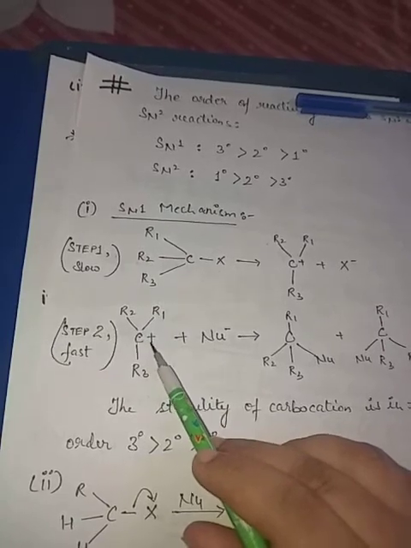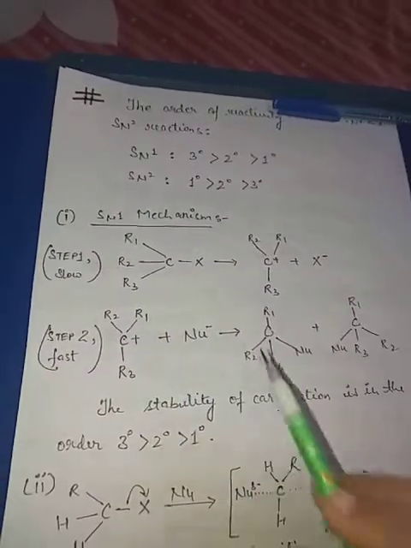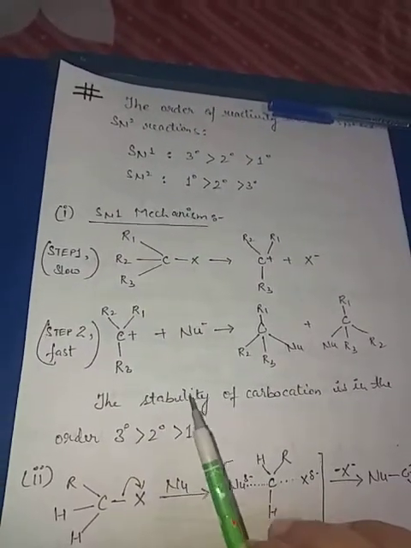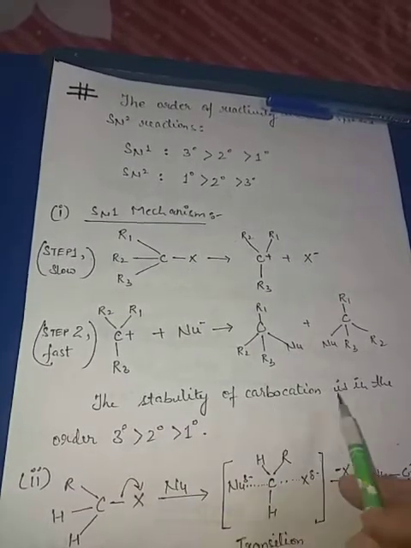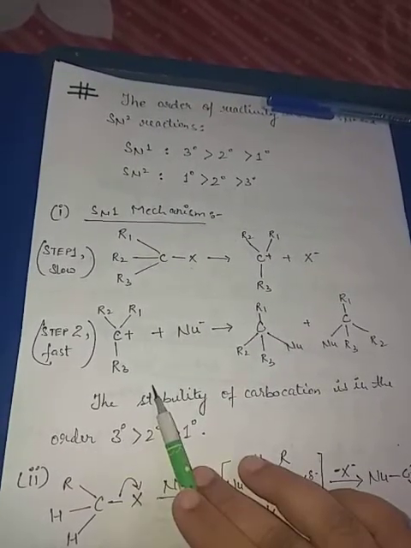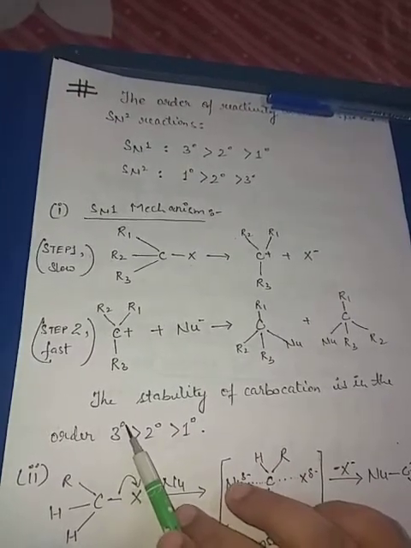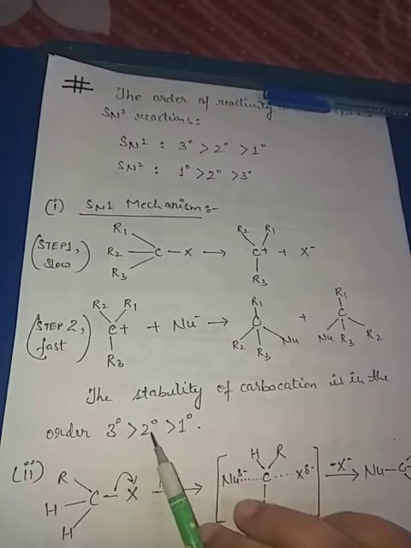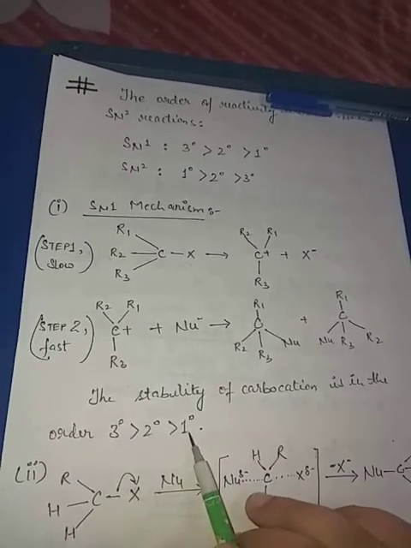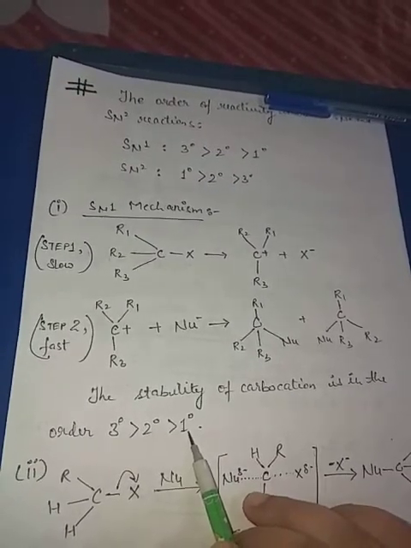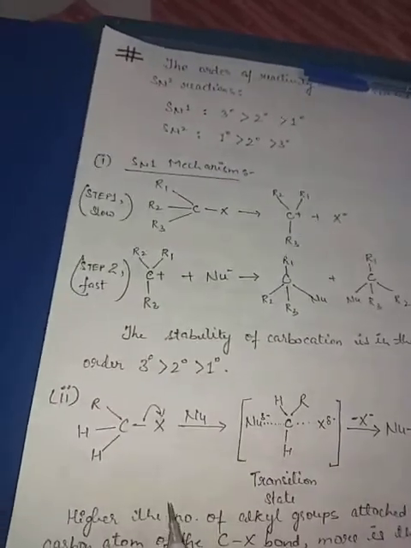If we are talking about the stability of the carbocation, then tertiary will be most stable, then secondary, and then the primary one.